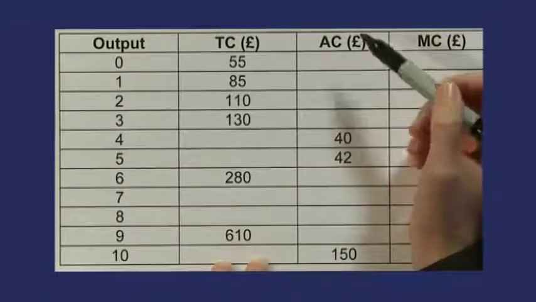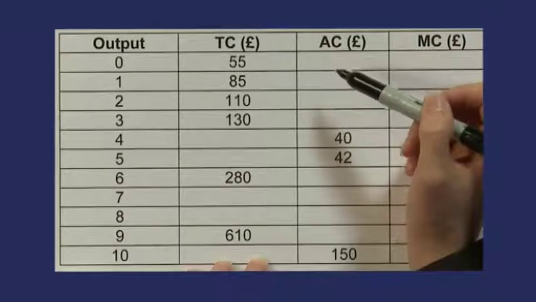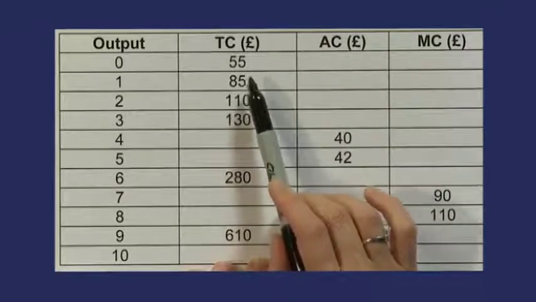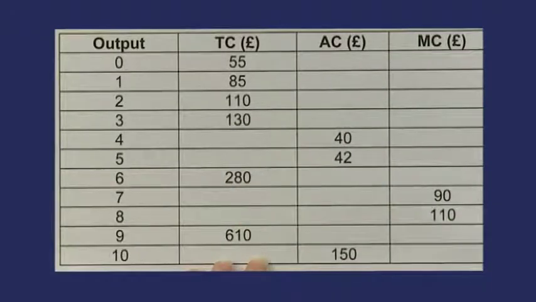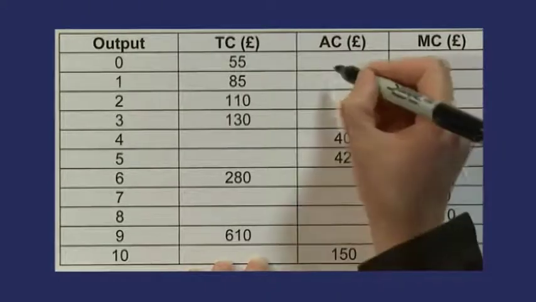Okay, let's try to fill in the table. Let's try to work out what average and marginal costs are. Have a look. So, when output is 0 and total cost is 55, average cost and marginal cost are really irrelevant.